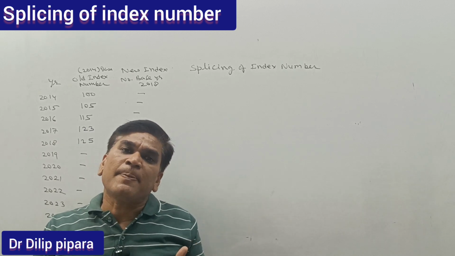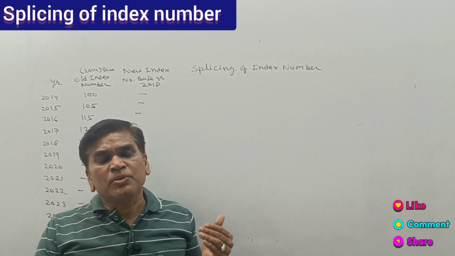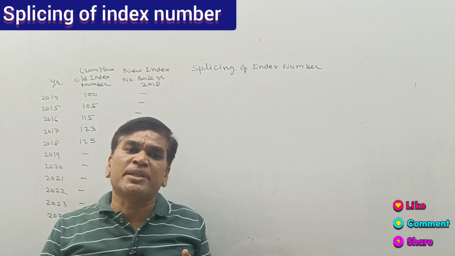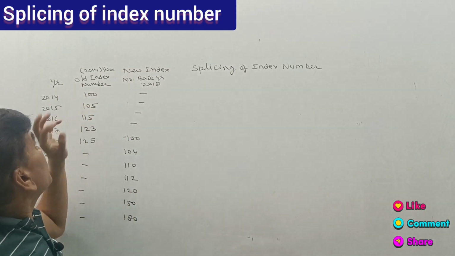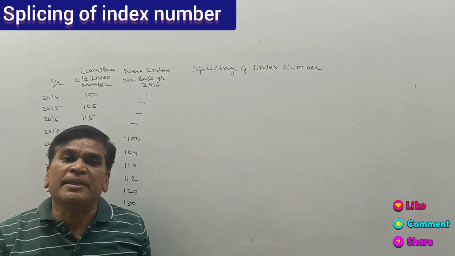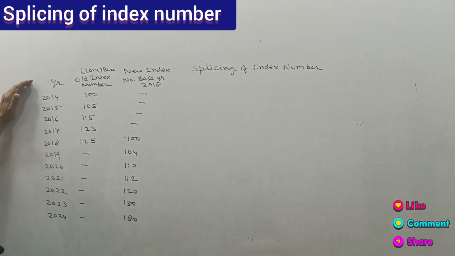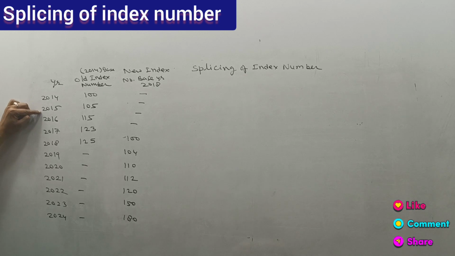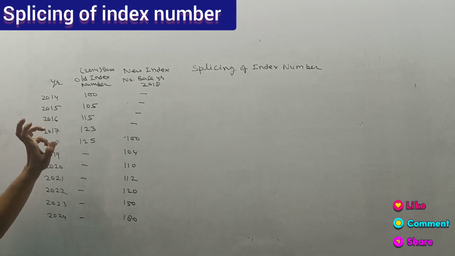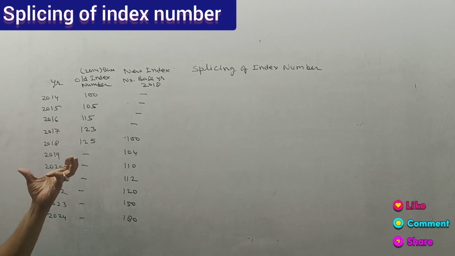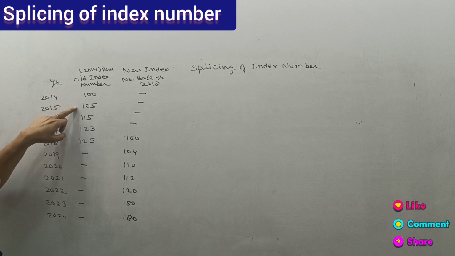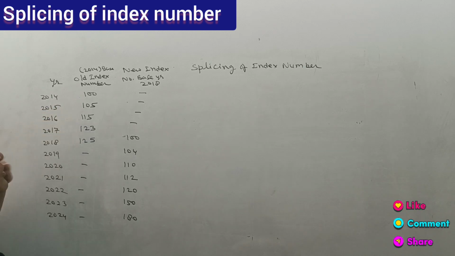Suppose we have two index number series. One index number series is based on 2014 and the other index number series is based on 2018. I have taken the example years 2014, 2015, 2016, 2017. Firstly, for a commodity, suppose wheat, the index numbers are 100, 105, 115, 123 and 125.